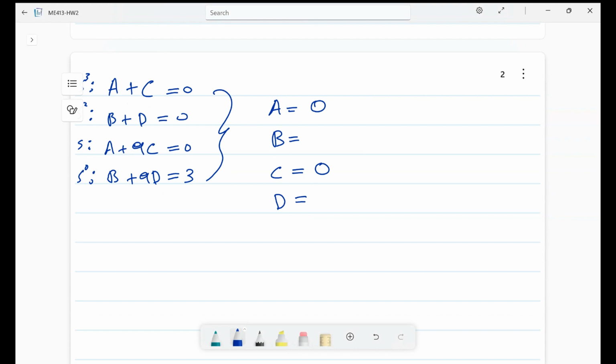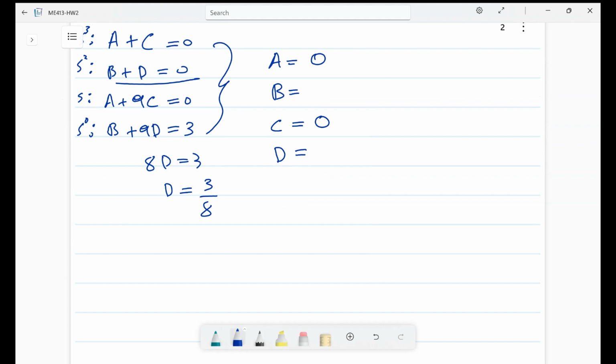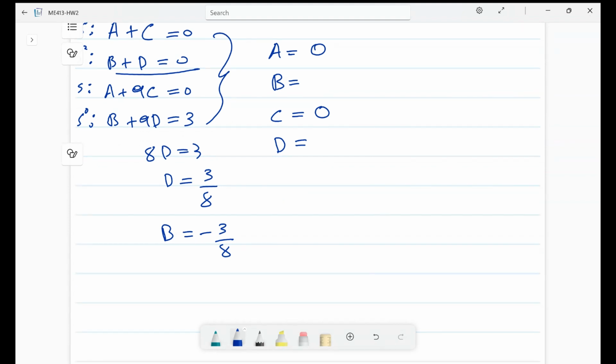Now for B equals minus D, so here we'll have 8D equals 3, and D will equal 3 over 8, and B will equal minus 3 over 8, because it's the opposite. So we get the values for D, B, A, and C.